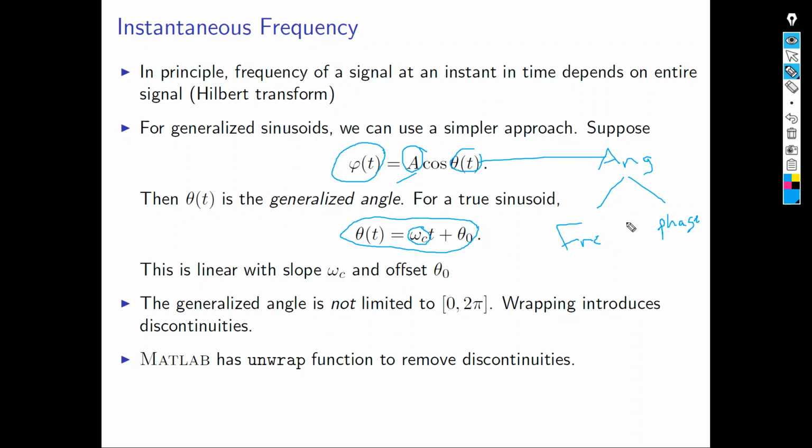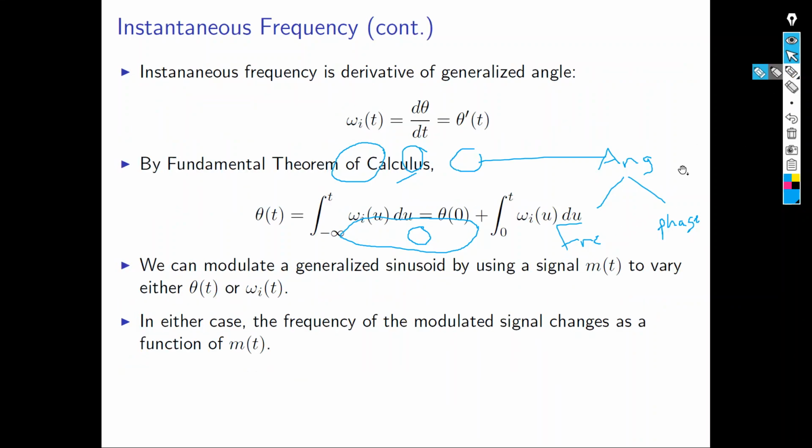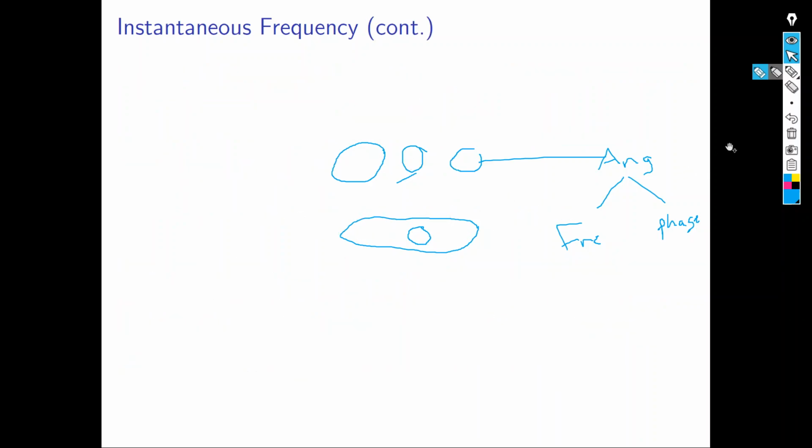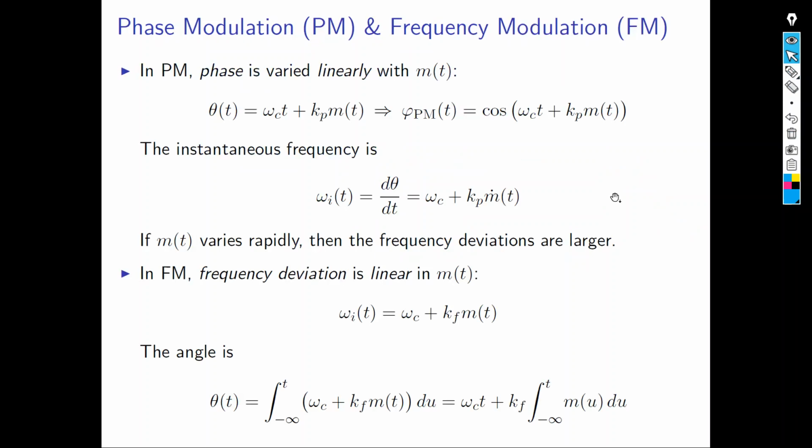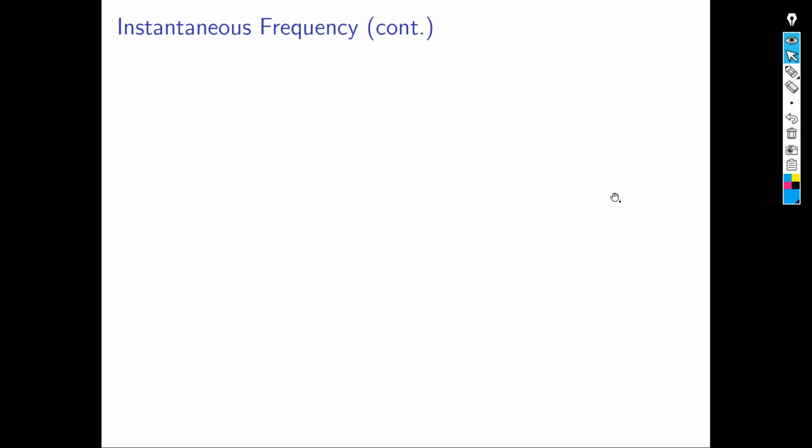Let's look at this figure to get a better understanding. Here we draw this figure. Suppose that this is theta of t, this is the signal.